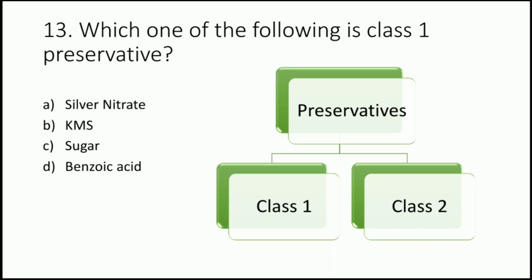So all those are class 2 preservatives. Here with the examples we can see that only sugar is the natural component, so sugar is the correct answer. Sugar is class 1 preservative, so the answer is option C. And all the various organic acids which are present in our food, like lemon has citric acid, all these are also examples of class 1 preservative.